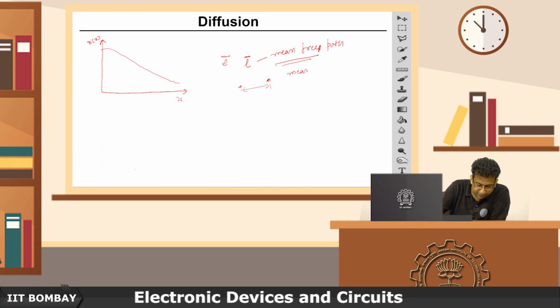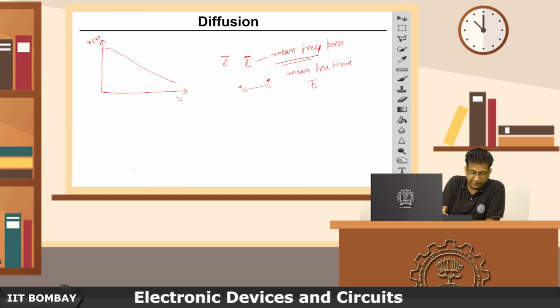If you remember, we talked about mean free time in the last lecture, which is represented by T bar, the time difference between two collisions. So L bar is the distance travelled between these two scattering events.